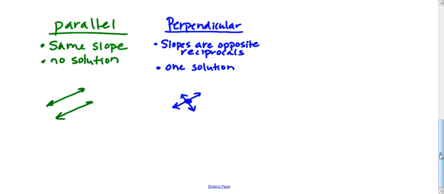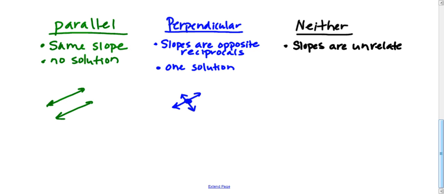Okay. And then there's basically the neither case. Okay. Their slopes are unrelated. In other words, they're not the same slope and they're not opposite reciprocals.